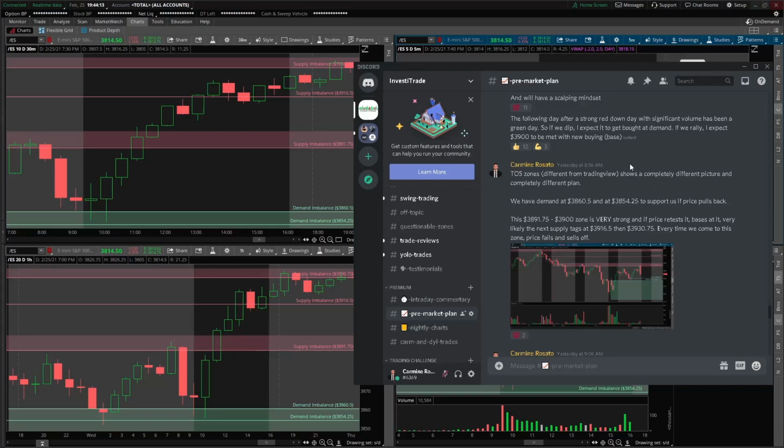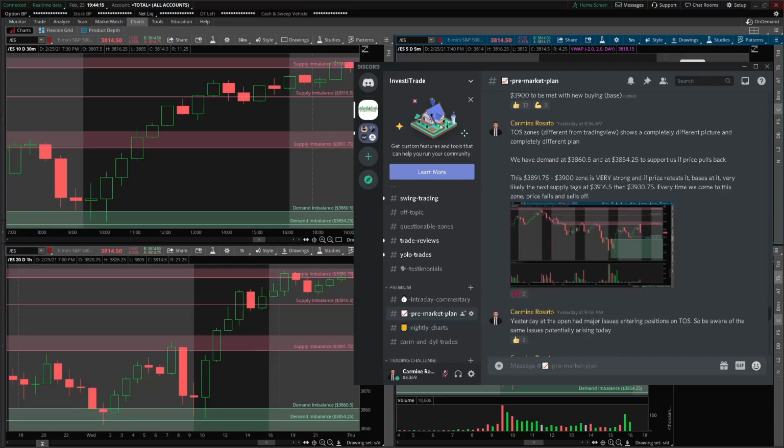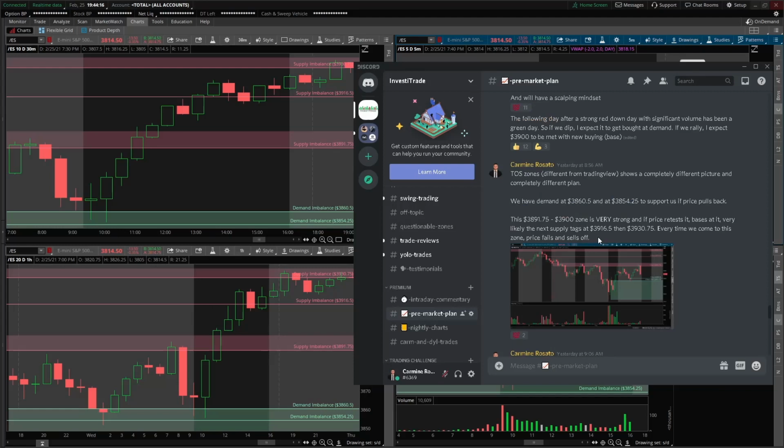And now for Wednesday's action, let's go over the pre-market plan just to get a little more context. Now I post these every day before the market does open in the Discord room. And the plan for the S&P on Wednesday was to pay attention to the 3860 and 3854 demand zone to support us if price pulls back. We want to see buyers present, defend that area, and then bid us higher.